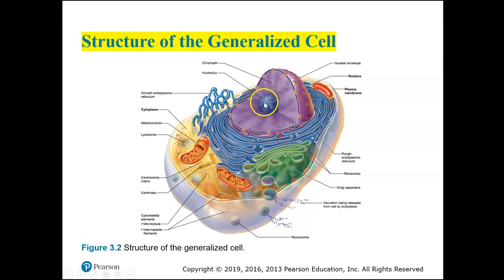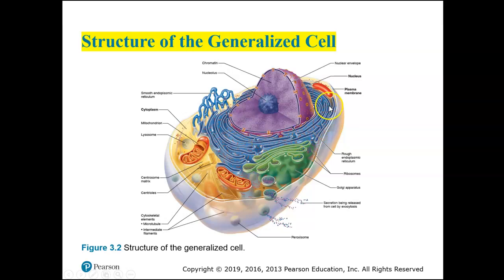The role of the nucleus itself is to store the DNA. The role of the nucleolus is to produce ribosomes. And ribosomes are these little red dots you see. Some of them are scattered and some of them are attached to this channel of membranes called the rough ER, or rough endoplasmic reticulum.